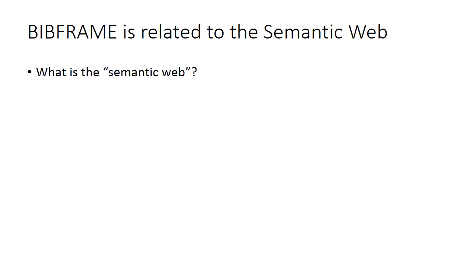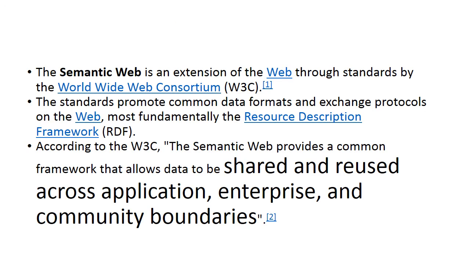Some of you may know what that is, but here's the definition from our friend. So here's that semantic web definition from Wikipedia. It's an extension of the web. It utilizes standards. Most fundamentally, the main standard is the Resource Description Framework. We're definitely going to be talking more about that in class.